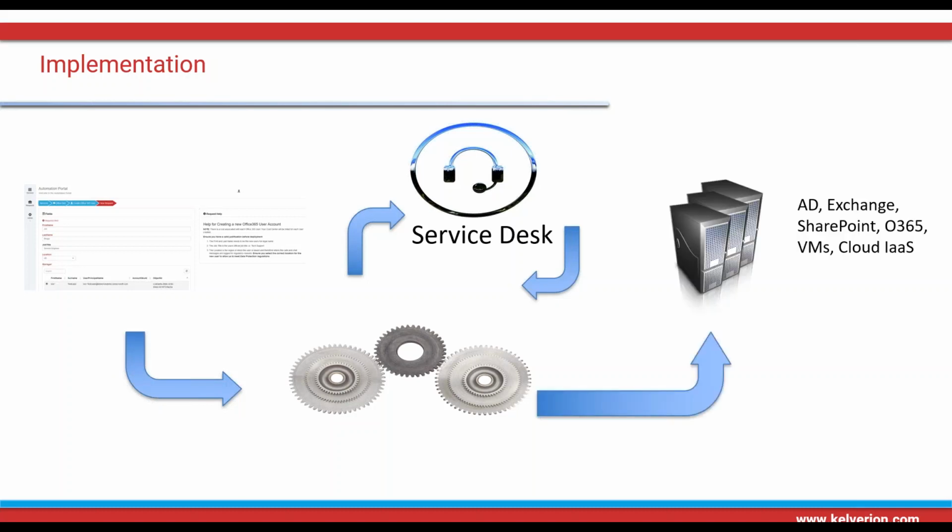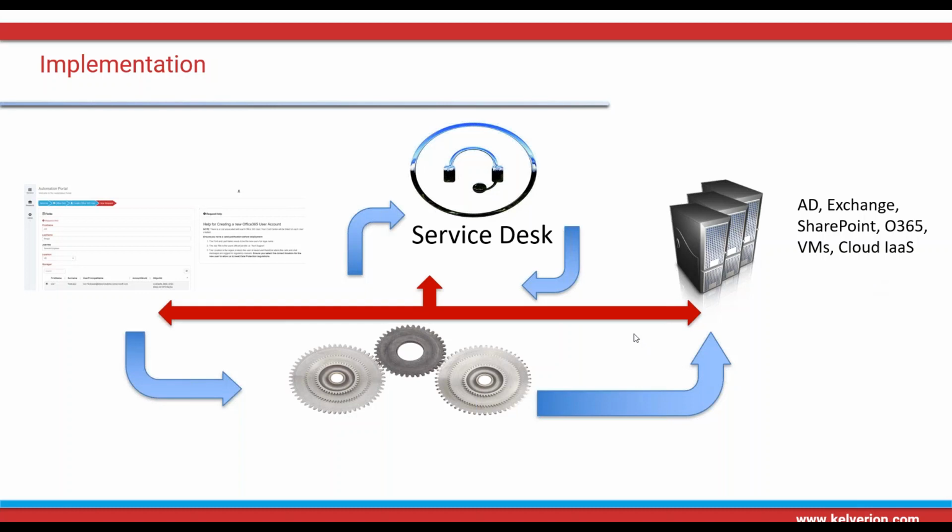And then it's going to go away and fulfill that request automatically for us. So it's going to go off and talk to Active Directory and Exchange and Office 365 and software provisioning and similar. And when it's completed all those tasks, it's going to come back and update the service desk and that self-service portal.